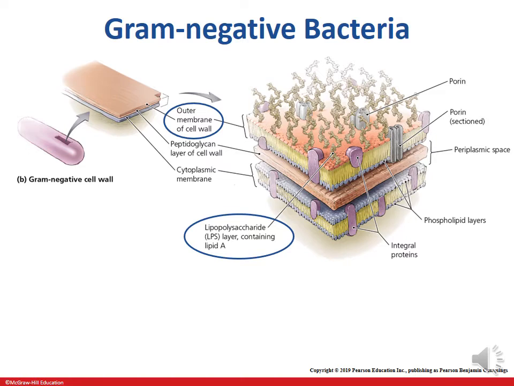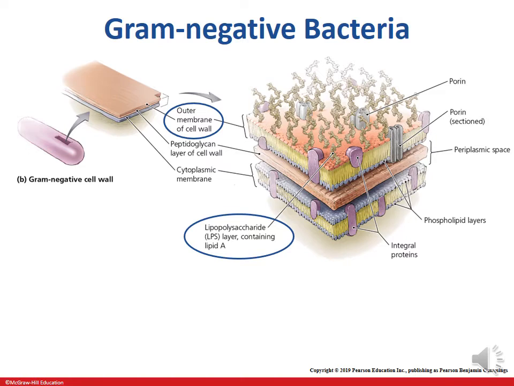This is the reason why the very first thing we do is determine the gram status of a bacterial infection. If you have a patient that has a raging gram-negative bacterial infection and you give that patient antibiotics, you're going to kill the bacteria.